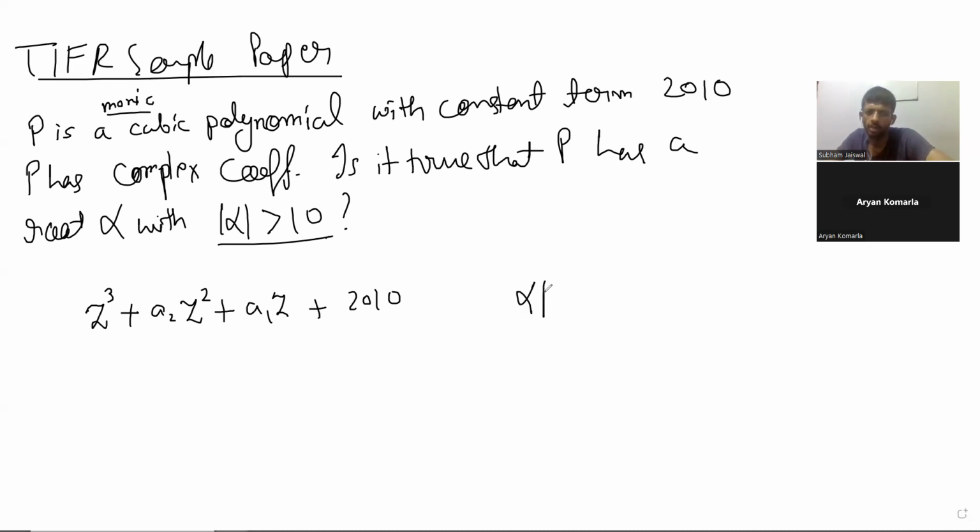Alpha, beta, gamma: we can distribute it inside the modulus. So it's actually much bigger than 10, because the cube root of 2010 is the bound.